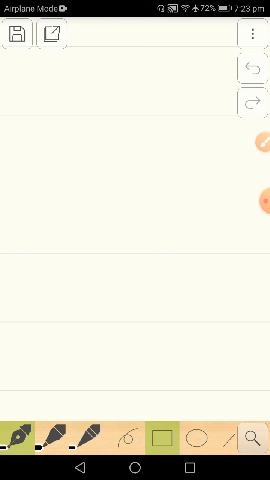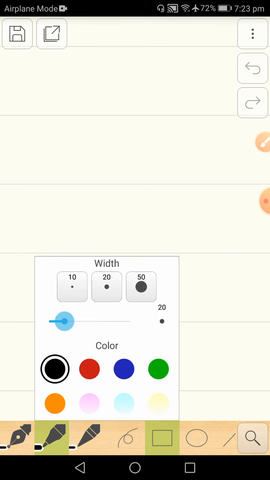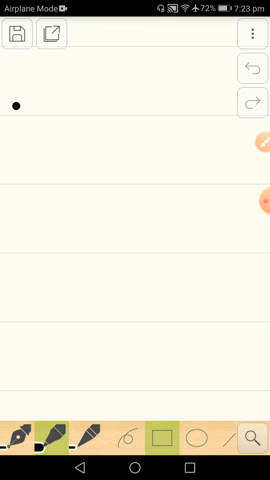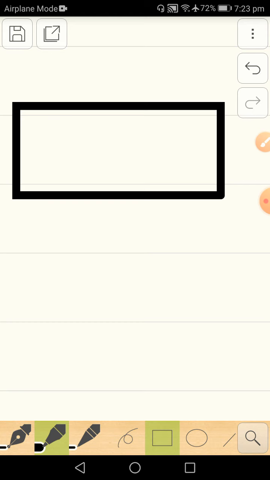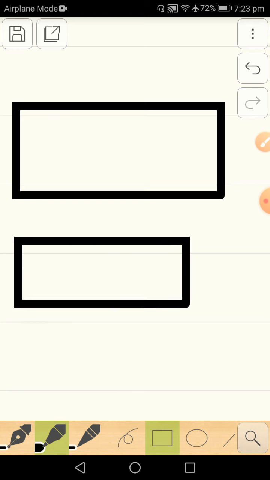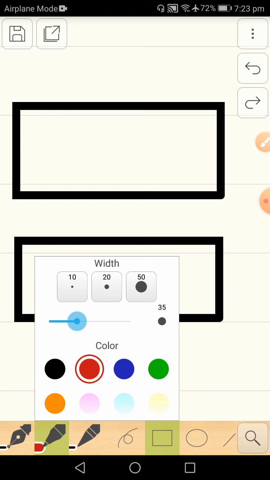Okay, this is a box. Now I will be drawing some particles inside the box.